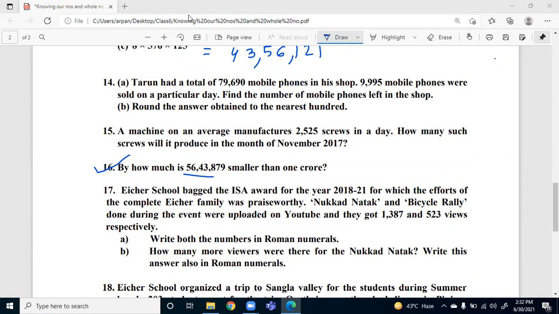ISA award for the year 2018-2021, for the efforts of the complete Aisher family was praiseworthy. Nukkad Natak and bicycle rally done during the event were uploaded on YouTube and they got 1,387 and 523 views respectively. Write both the numbers in Roman numerals.